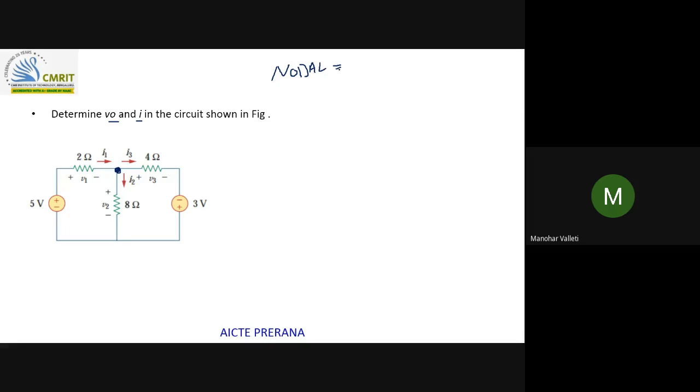These are discussed in detail in network analysis, but whatever concepts I need, I'm just revising. So nodal equals KCL plus Ohm's law. The same way, mesh analysis equals KVL plus Ohm's law.